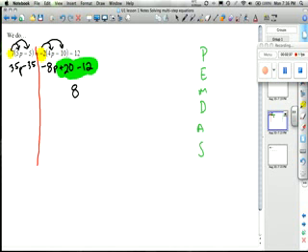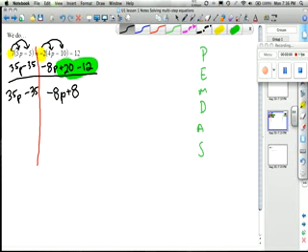I'm going to bring down the negative 8p, positive 8. I'm going to bring down these terms here, 35p minus 35.